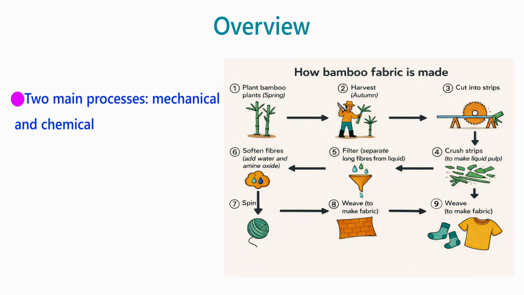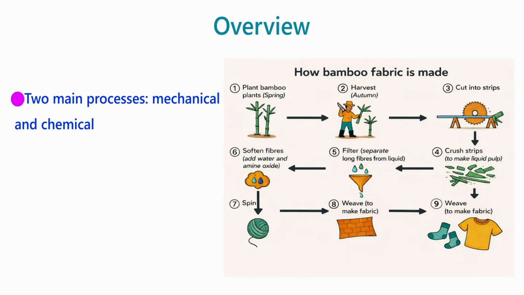And another thing which is important is that we can say this procedure goes through mechanical and chemical processes. And we can say that the early stages focus on physical preparation, and the latter stages involve fabric formation or chemical processes. So this is the most important feature of this process diagram here.